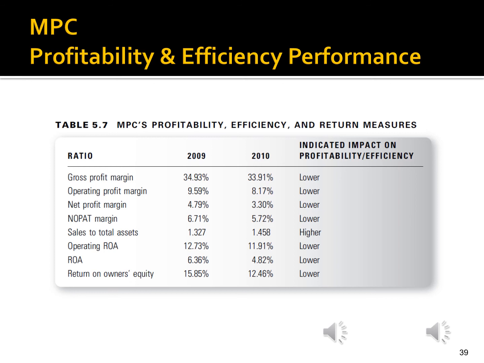Operating profit margin is also lower for 2010, except sales to total asset, which is increasing for 2010. Even return on owner's equity is decreasing. So in this case, MPC would face a hard time getting more investors to invest into their business.